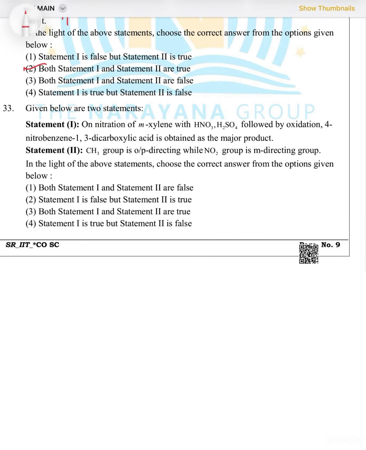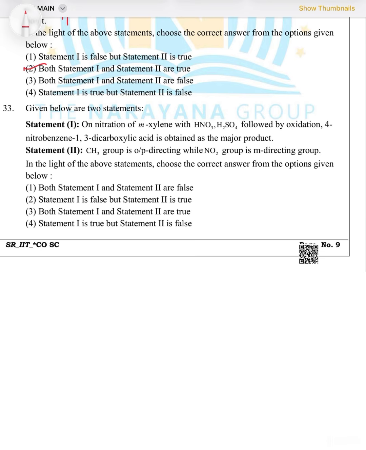Given are two statements. First one is on nitration of metaxylene with HNO3 and H2SO4 followed by oxidation, 4-nitrobenzene-1,3-dicarboxylic acid is obtained as the major product, right? So this is a correct statement only. Let us see the reaction.